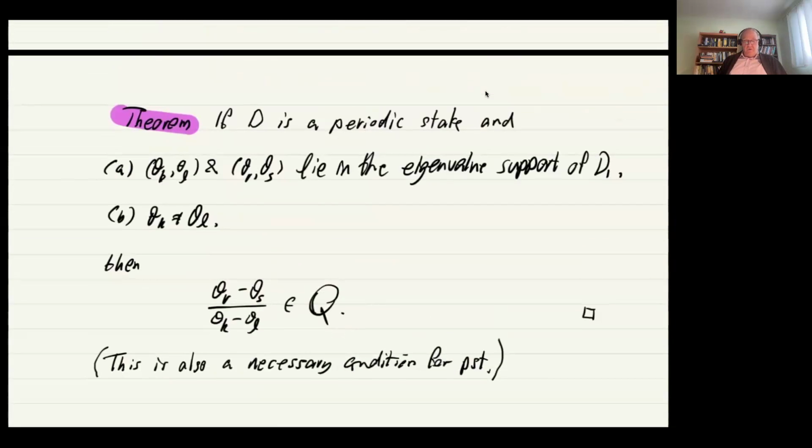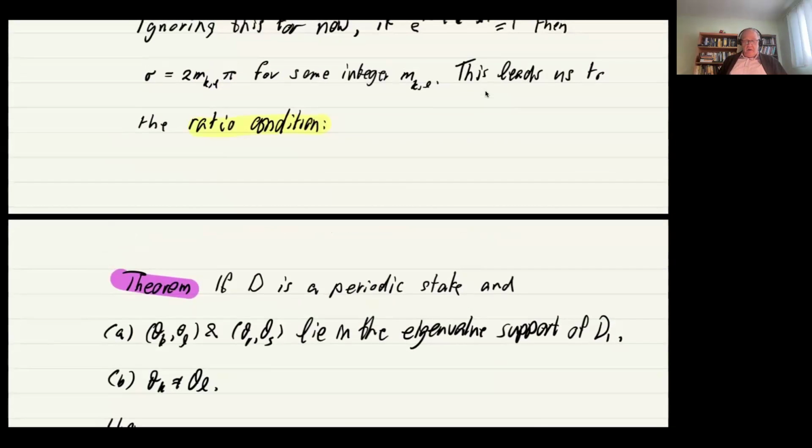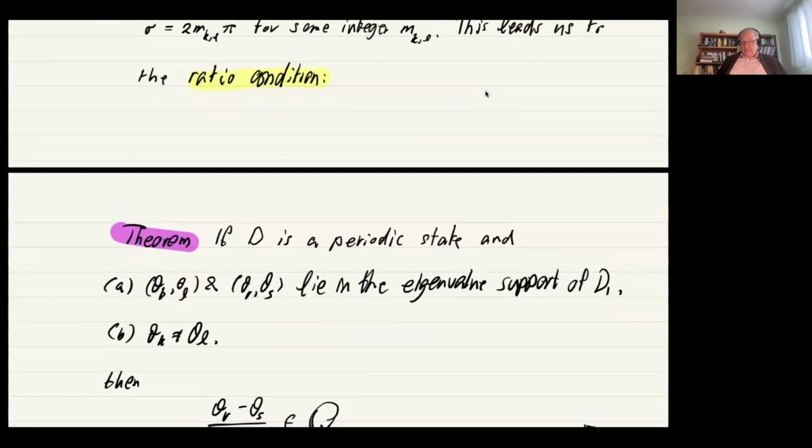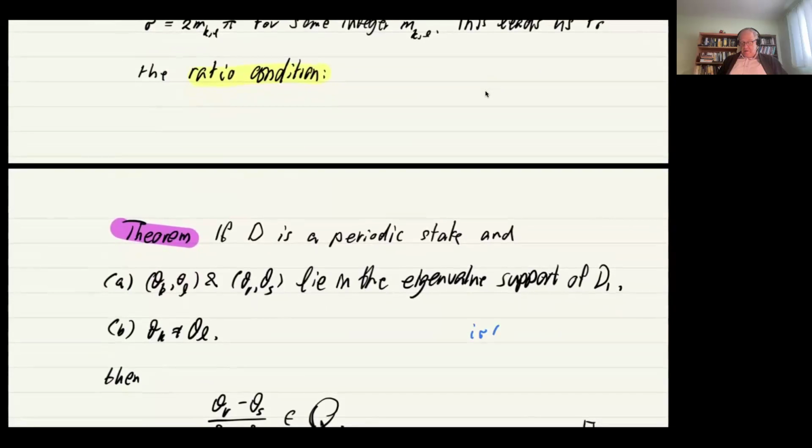Going back here, we have i sigma (theta_k minus theta_L) equals 2 m_1 pi i, and i sigma theta equals 2 m_2 pi i. So we have these 2 conditions, and if we take the ratio, dividing the second equation by the first, we get the claim.